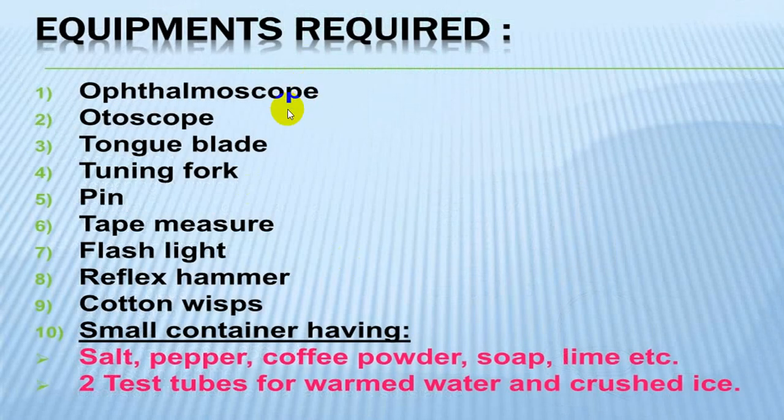So common instruments: ophthalmoscope, otoscope, tongue depressor, tuning fork, pin, tape measure, flashlight, reflex hammer, cotton wisps, and small containers having different materials for testing the olfactory nerve, quite common, like salt, pepper, coffee powder, soap, lime, etc. And even tubes having warm water and cold water.